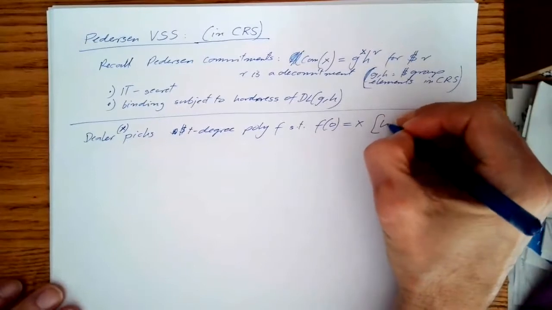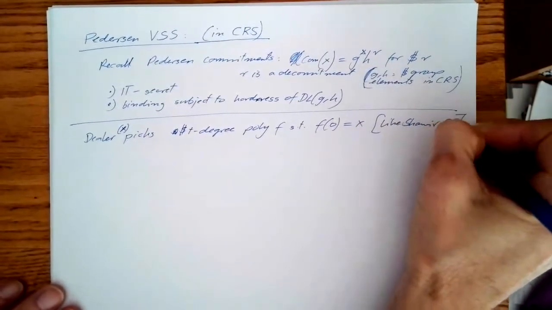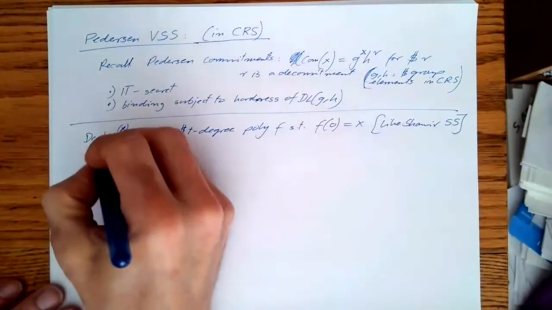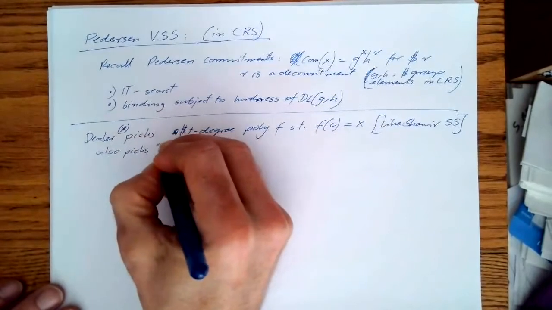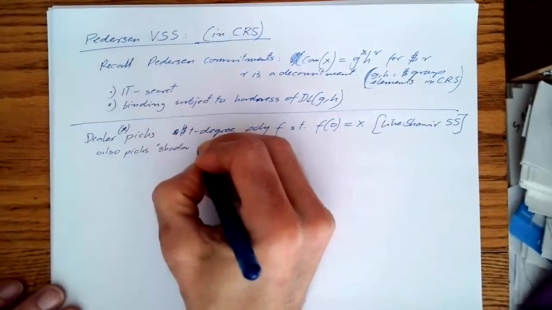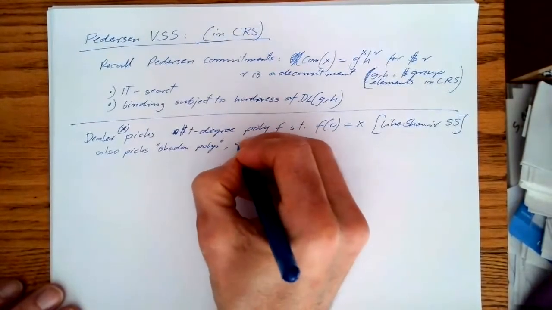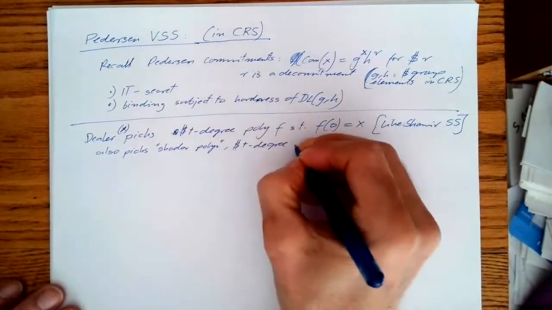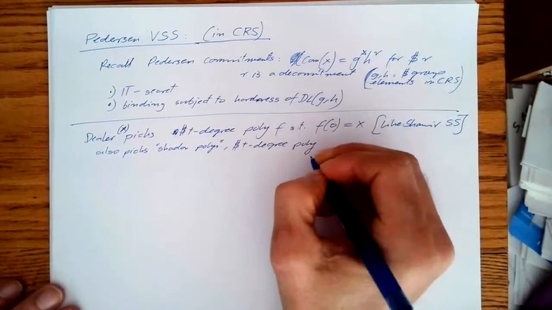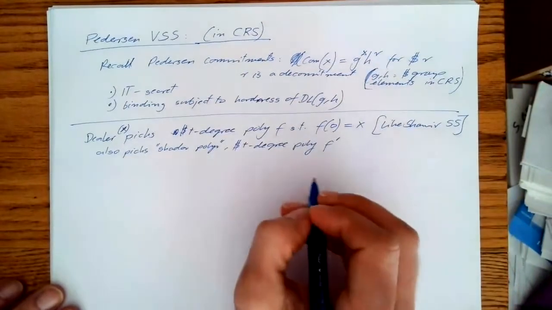This is like Shamir secret sharing so far, but the dealer also picks what we'll call a shadow polynomial, which is a random T-degree polynomial f prime, and not subject to any constraints.